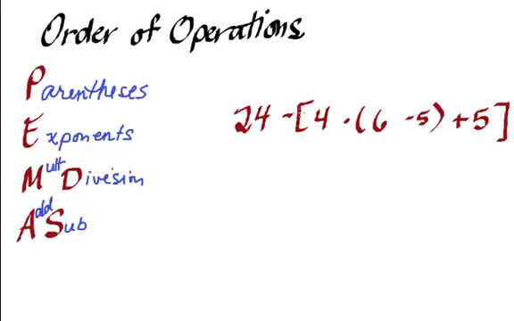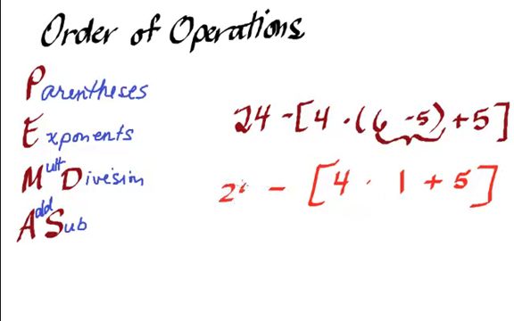We've got our brackets, but then we have parentheses inside of the brackets. So we're going to have to do this 6 minus 5 first. 6 minus 5 is 1. We're left with 4, and we've got to keep our brackets there. 4 times 1 plus 5, and we're going to take 24 minus that entire quantity.